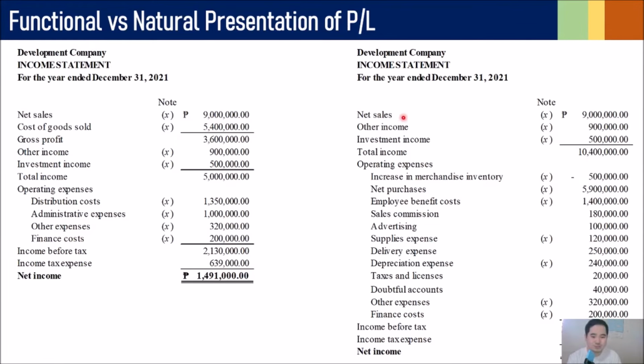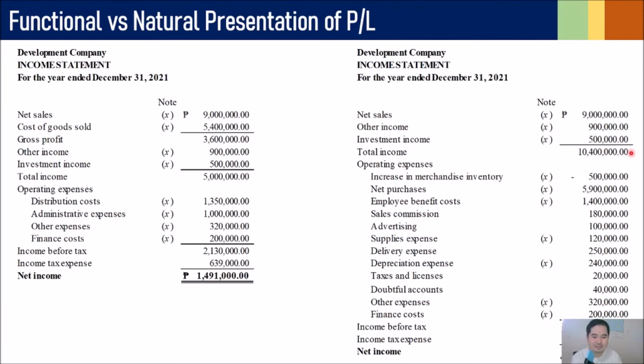Okay? So sa natural presentation po ay nandun pa rin po ang net sales pero ilalagay mo na agad si other income tsaka si investment income. So, idediretso nyo na po agad si income. Okay? And then, kung mapapansin nyo po, magiging magkaiba po yung total income natin as to functional presentation and natural presentation.